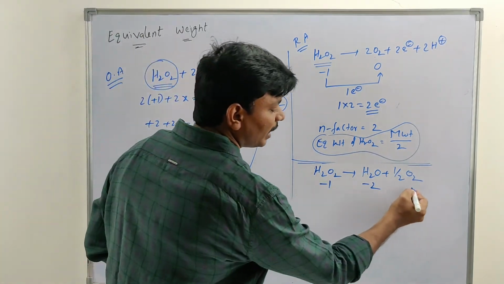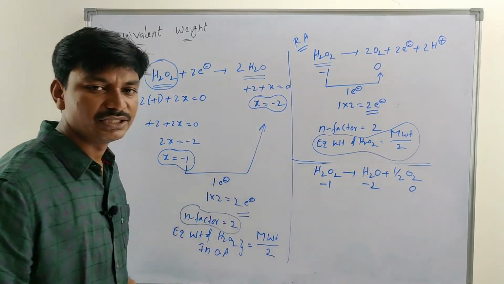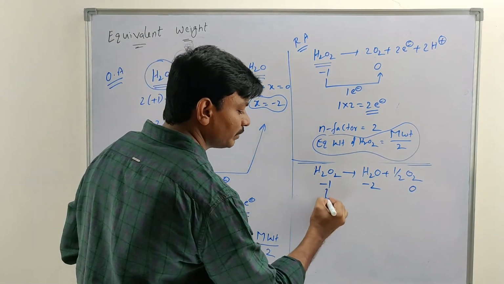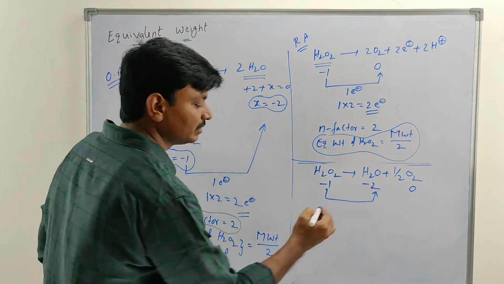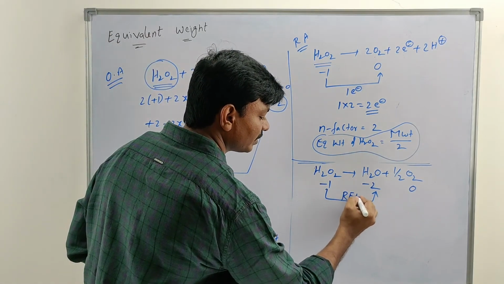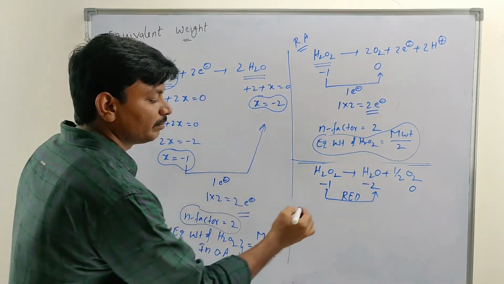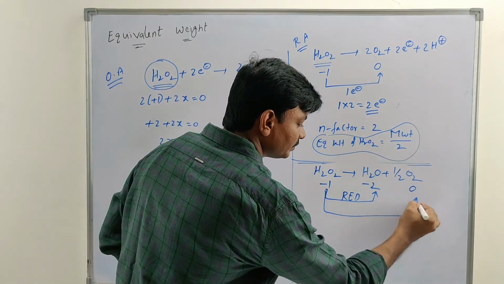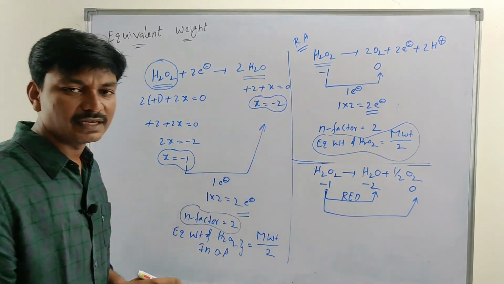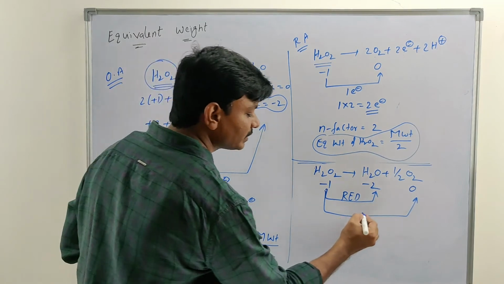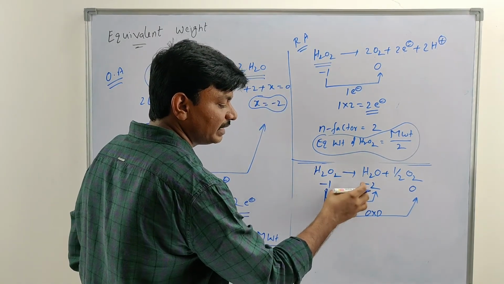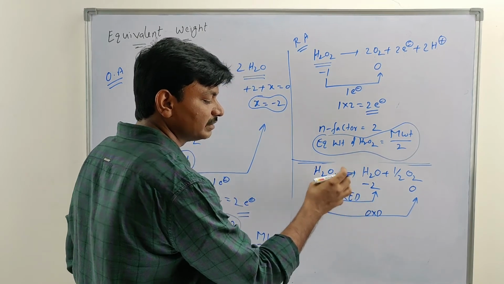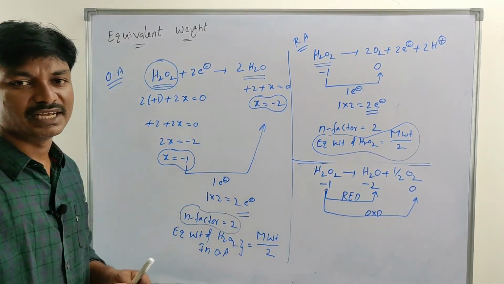In O2, oxidation number will be 0. Clear? -1 to -2, that is decreasing oxidation number, which is called reduction. Same, -1 to 0, here it is increasing oxidation number, which is called oxidation. Only one substance simultaneously involved in oxidation and reduction is called a disproportionation reaction.